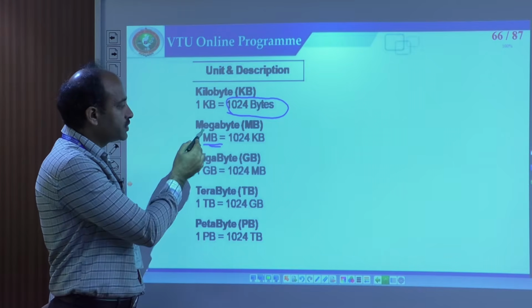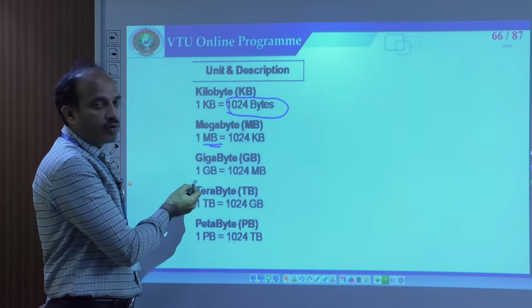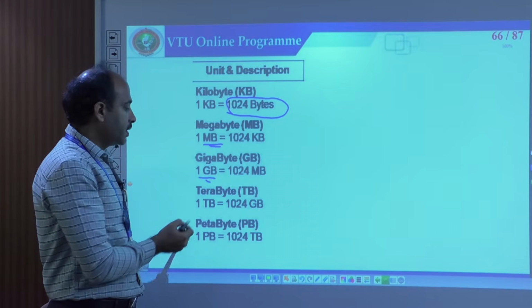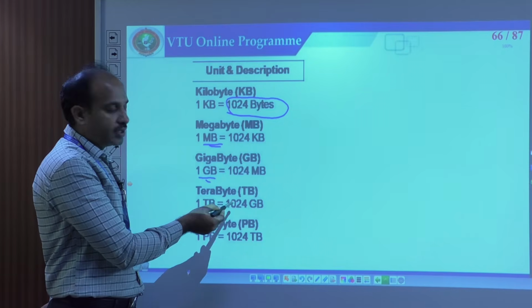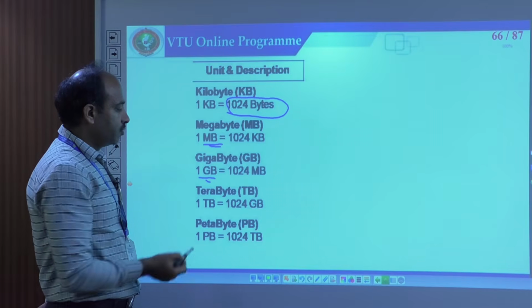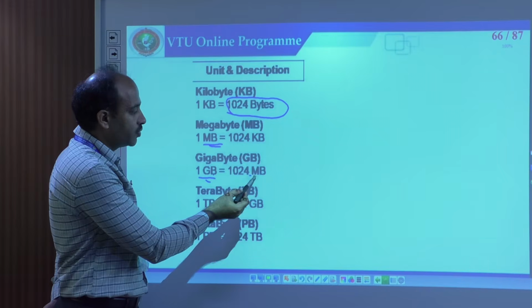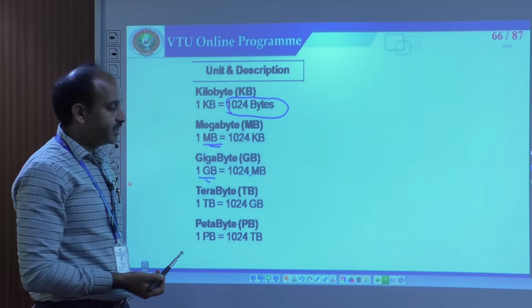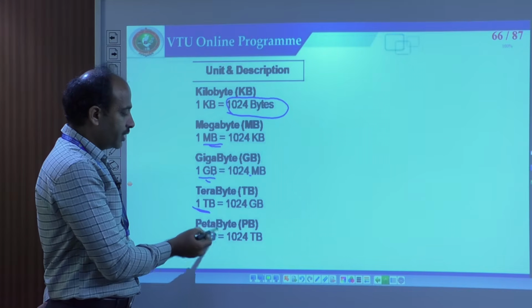Now we are talking about giga. Giga is thousands of mega, 1024 megabytes form 1 gigabyte. Then terabyte, same: thousands of gigabytes, 1024 GB is nothing but 1 terabyte.